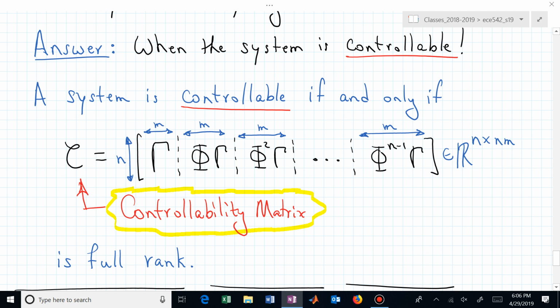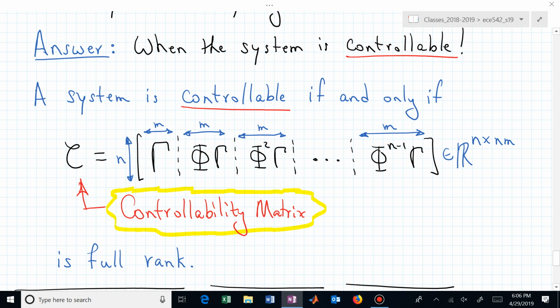We need all of those rows to be linearly independent. We would only need 10 of the 20 columns to be linearly independent to be full rank. But we need this matrix, potentially non-square, to be full rank. That means in this particular construction, we need all of the rows to be linearly independent.